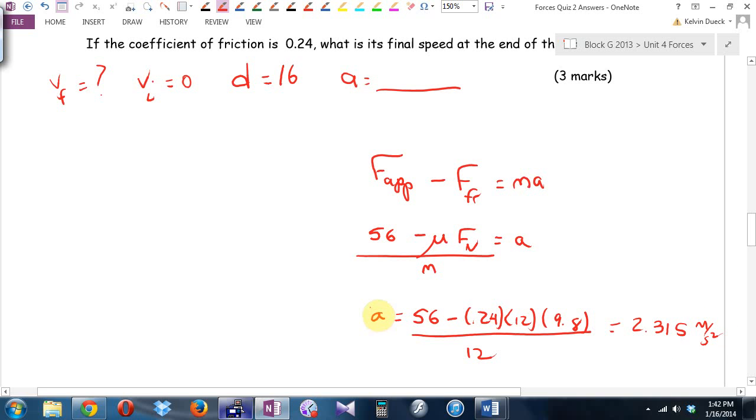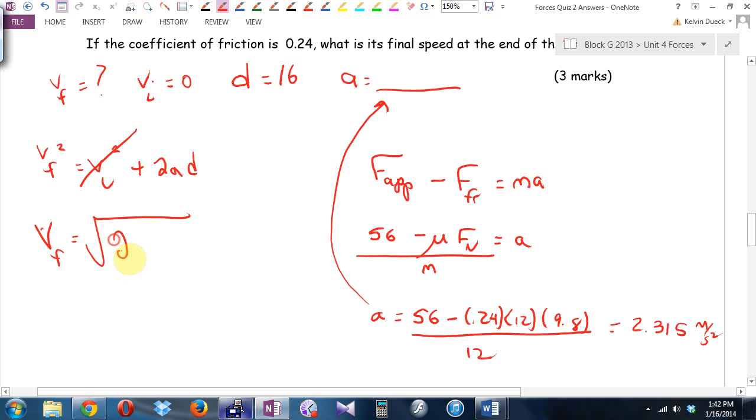Which means that can go there. And I can now say VF squared equals VI squared plus 2AD, although VI is 0. And this gives me VF squared. How do I get rid of a squared? Oh, hey, I can do that. VF is going to be the square root of 2AD.